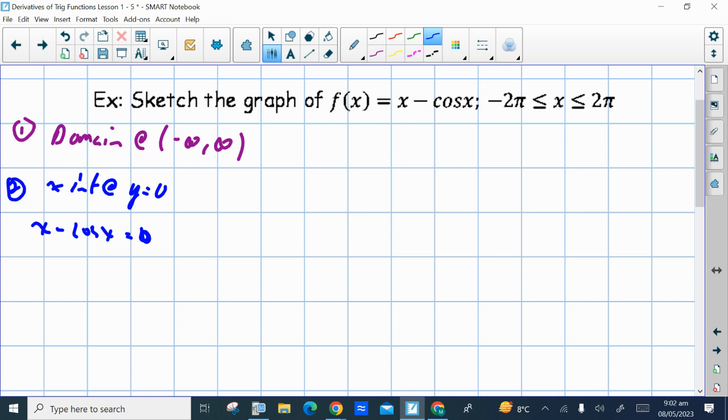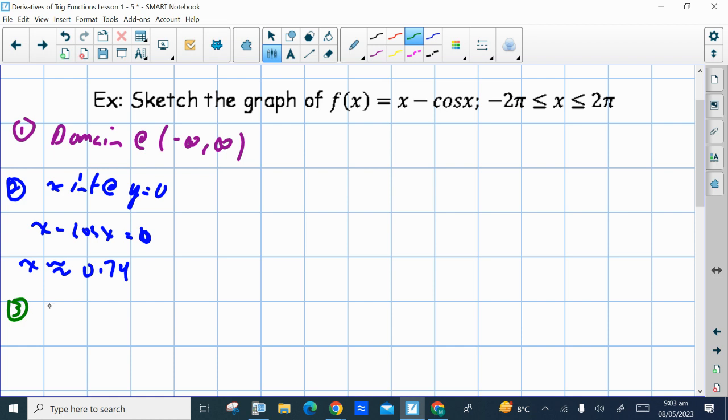It can't be done. It's actually at approximately 0.74, but there's no way you can do that algebraically. But once we find all the other pieces, we're going to have a pretty good idea of where this graph crosses the x-axis, just by using all the other points that we're going to find.